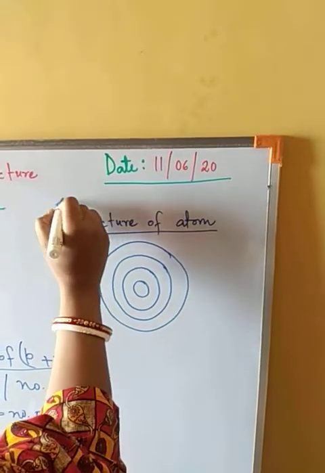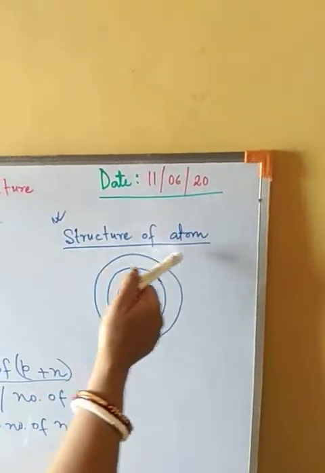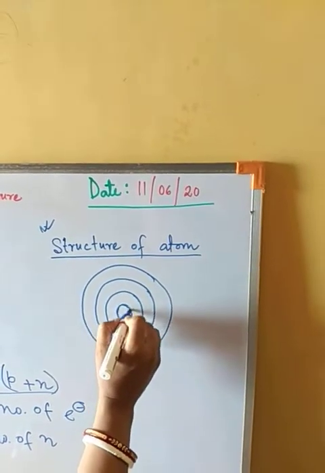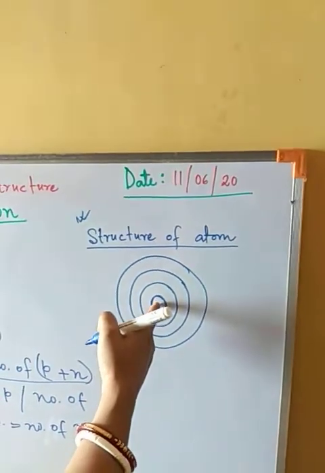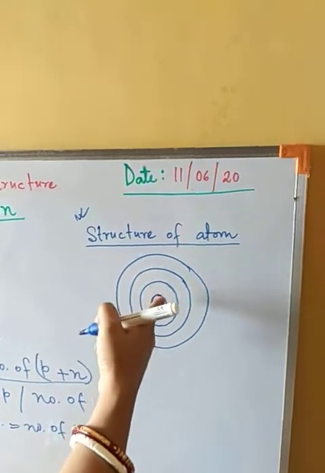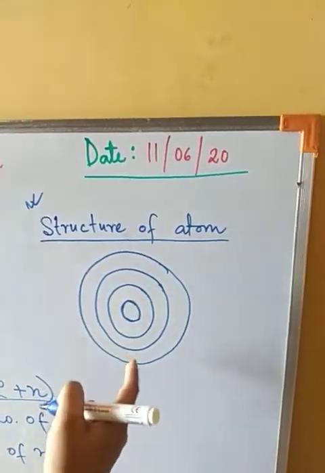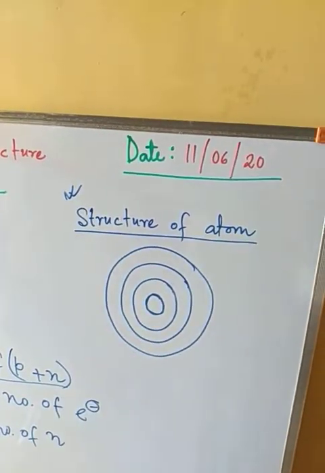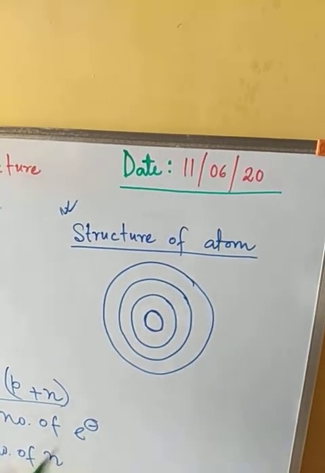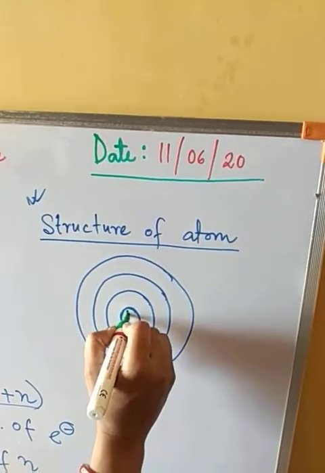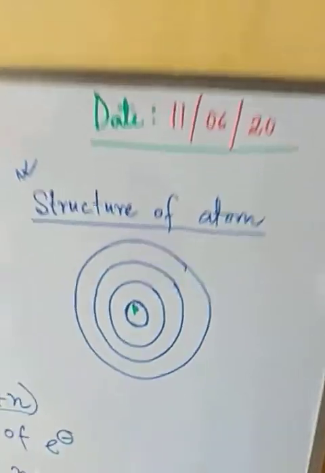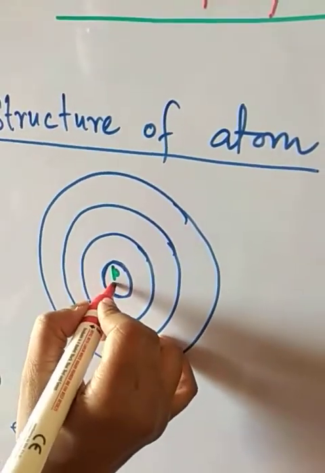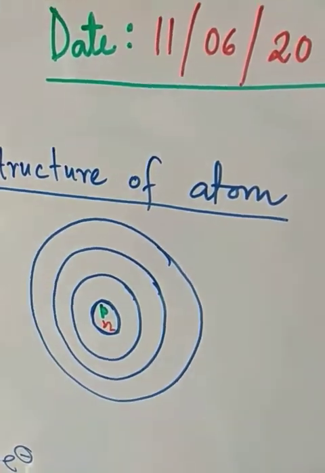Now let us discuss the structure of an atom. In the structure of an atom there are 2 main parts. One is the central part, that is the nucleus. This is the densest part, because the protons and neutrons reside here. Proton we are representing as green and neutron as red.